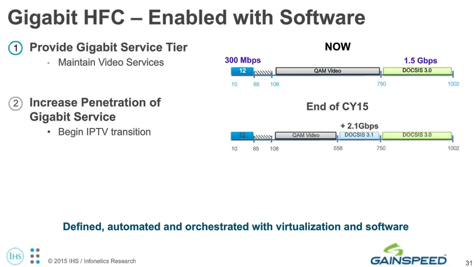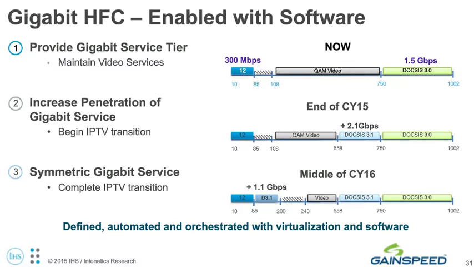So as you make that shift from legacy video services to IPTV, now you can free up some spectrum to enable that. And then lastly, you can start getting to symmetric services, which is the last bastion of the claim to fame for fiber to the home, by moving the upstream split from 85 to 200, and again leveraging DOCSIS 3.1. So the technology building blocks are all there.